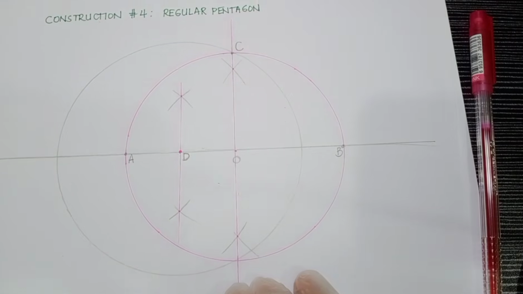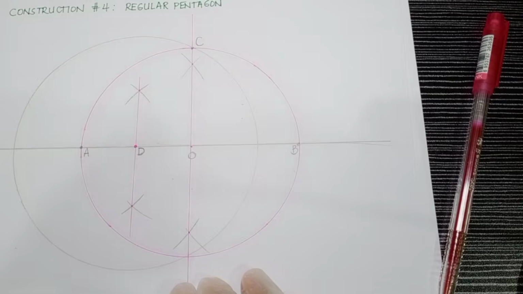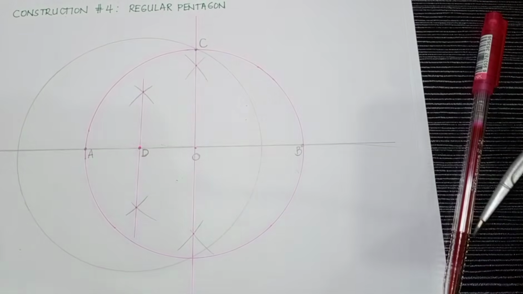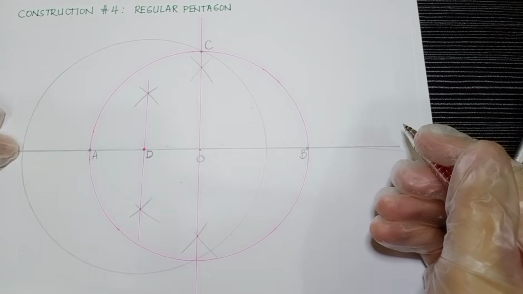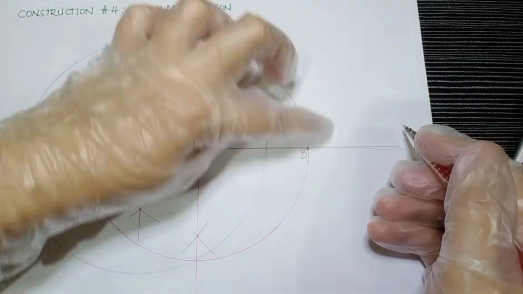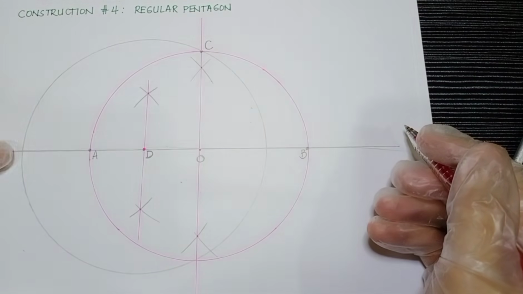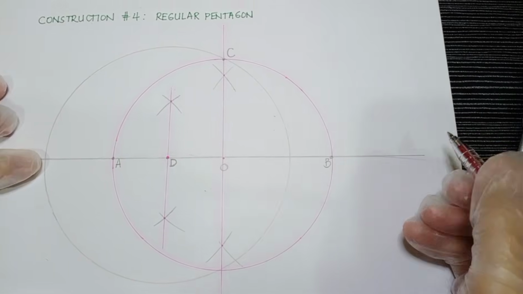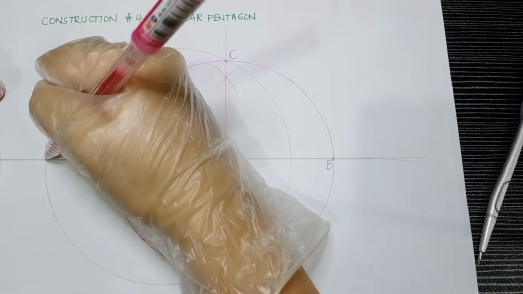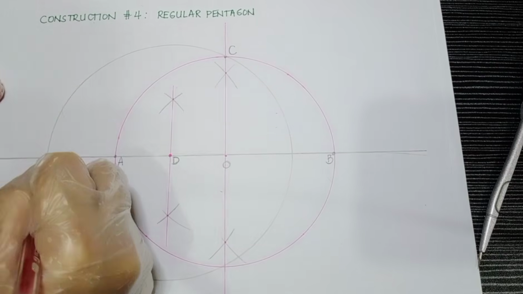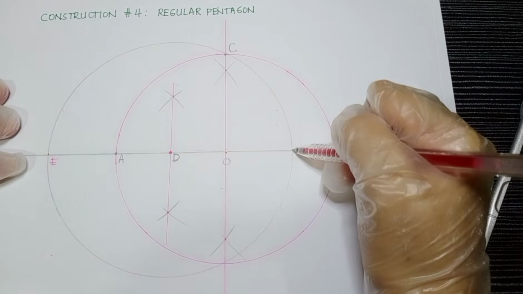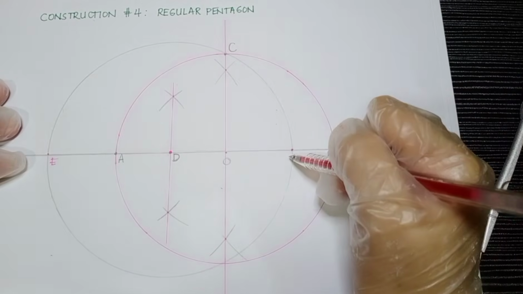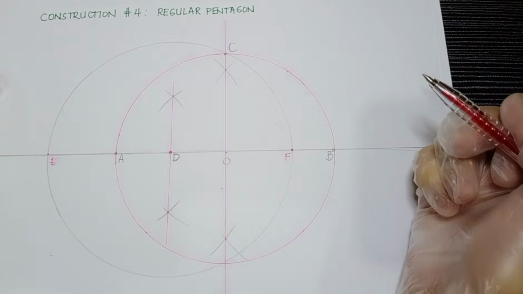So, ayan po. Meron tayong nabuo ngayon na isa pang circle. Ngayon, itong point na nasa labas ng original circle mo, i-name natin as point E. And then ito, yung nasa loob ng original circle mo, i-name natin as point F.